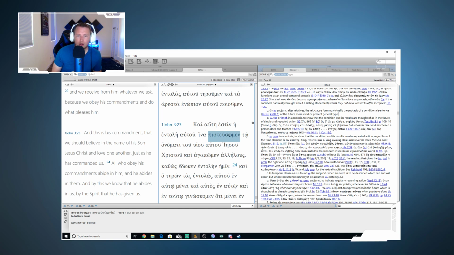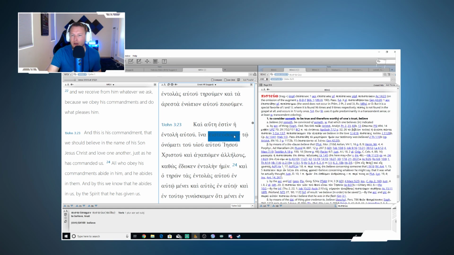Okay, so that we might believe in, this is required dative probably. To consider, to believe in something. So this is required dative. In the name of his Son. So of his Son, this is possessive genitive.